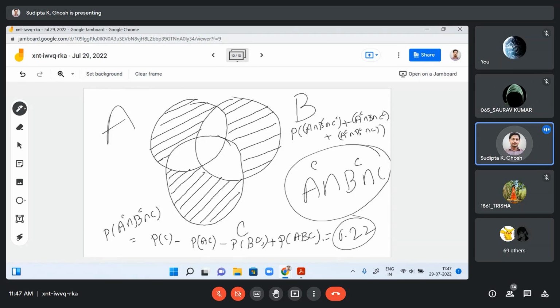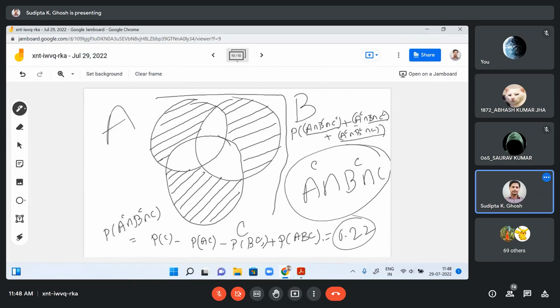So now you tell me, these events, are they pairwise disjoint? Yes, sir. So if they are pairwise disjoint, then from axiom number 3, what can we write?